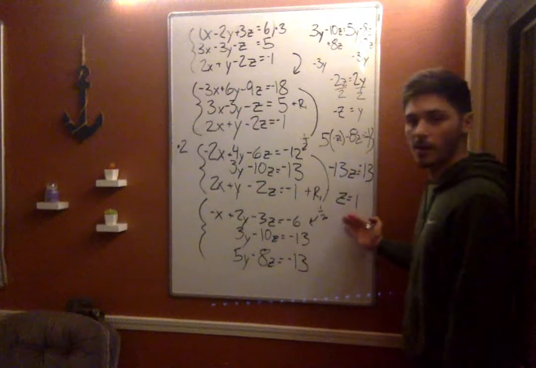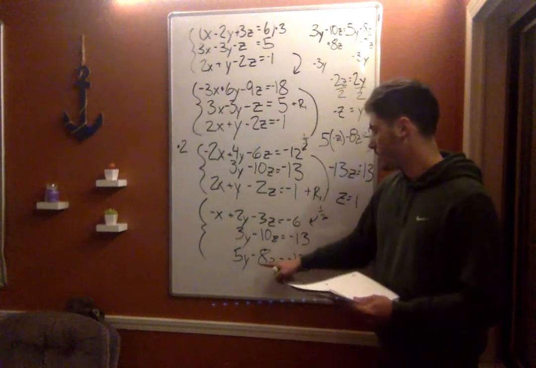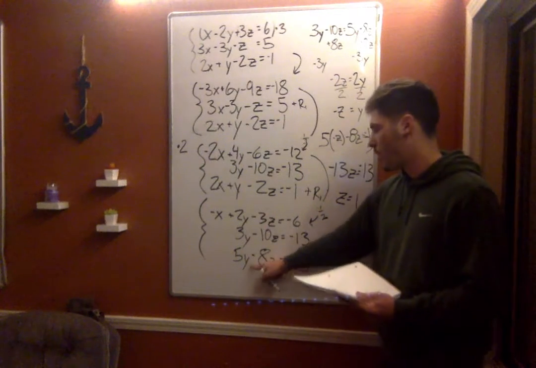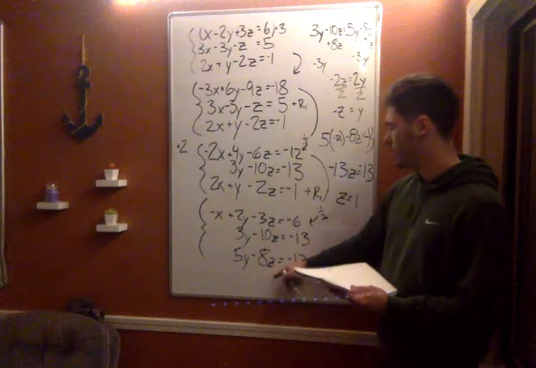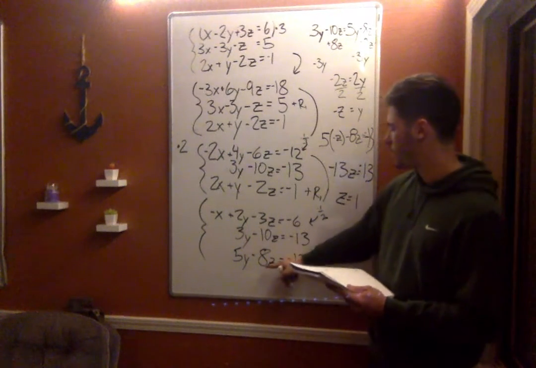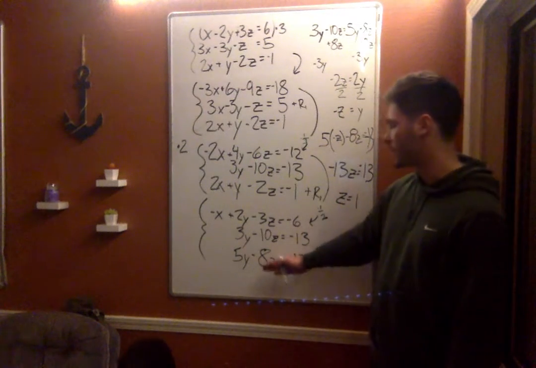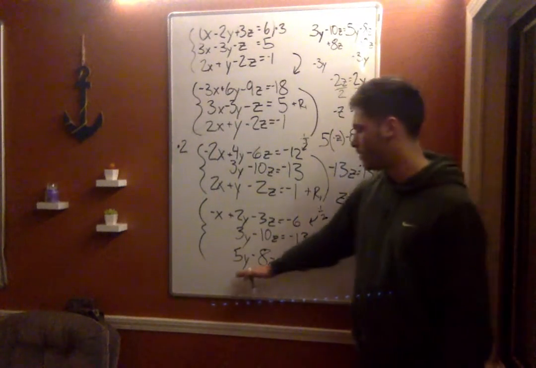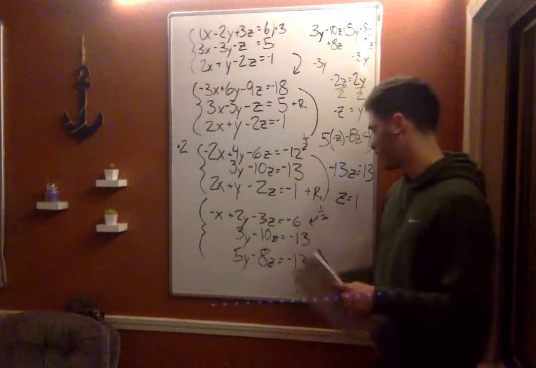And if we plug that back into everything, we see that y will equal negative 1 because 8 times 1 is 8. And if we add that to both sides, we end up with negative 5 and 5y. So y equals negative 1 there.